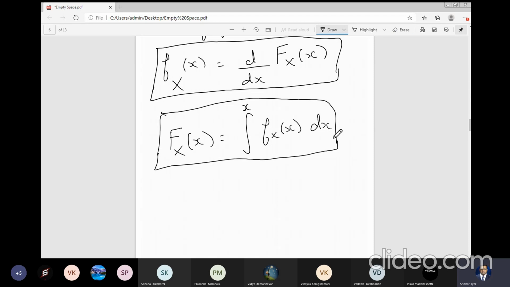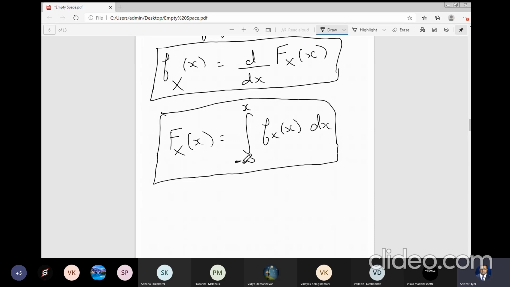So this PDF is always a non-negative function, and the limit here always starts with a minus infinity, right? Because below minus infinity we are not performing any experiment, right? Because at minus infinity the value of CDF is 0, so going below this minus infinity does not make sense.